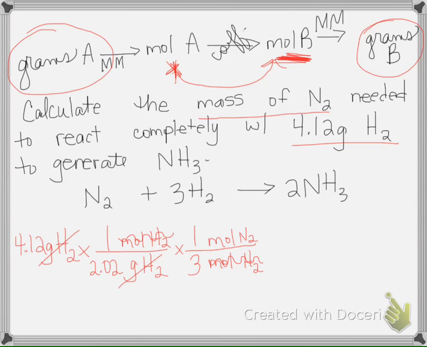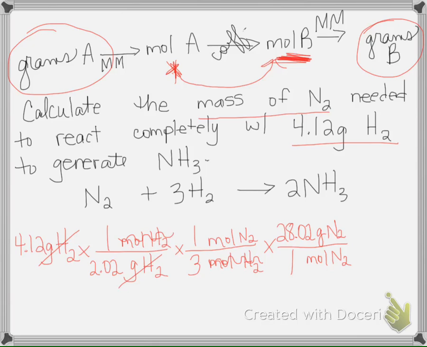I'm not finished yet because I know that I've got to get all the way to grams. So what's my last step? What goes on the bottom? Moles of nitrogen on the bottom. And what goes on the top? Grams of nitrogen. What numbers go there? One on the bottom. And 28.02 on the top.